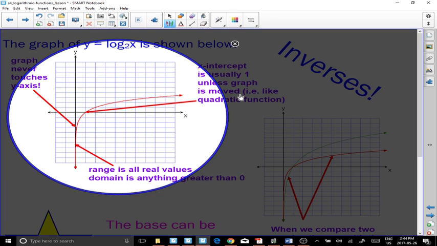And the domain is anything bigger than 0, not 0. If you try and find the log of 0 on your calculator, it's going to bark at you. It's not going to like you. You can't take the log of 0. So this function is not defined when x is 0 or when it's negative. You have to enter a positive number for x to get an answer. Okay?